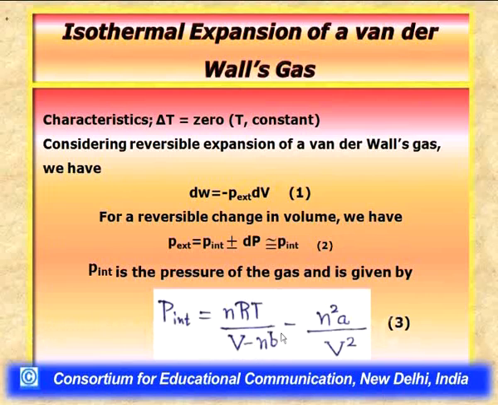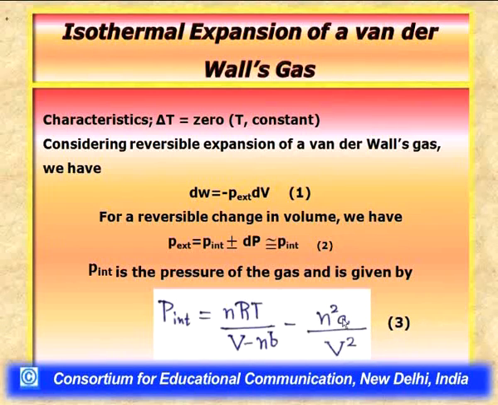So, from the total volume of the gaseous system, V minus nb, the volume occupied by the constituent chemical species has been subtracted. This then becomes the actual volume available, because that volume was excluded.